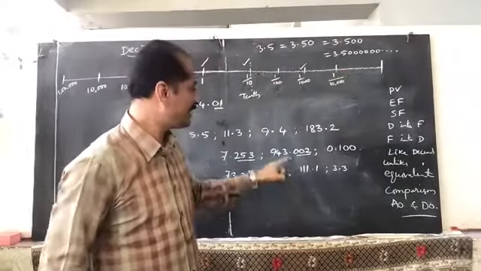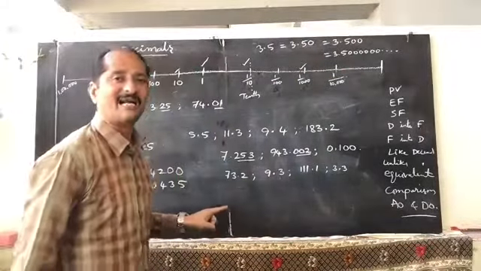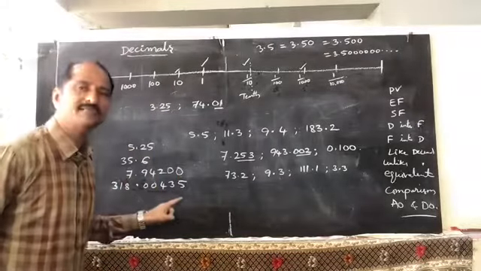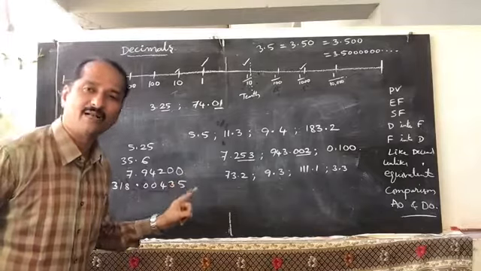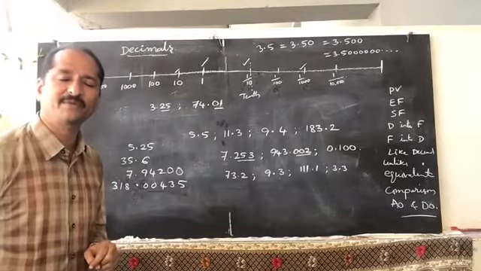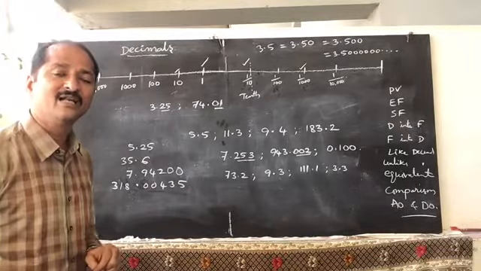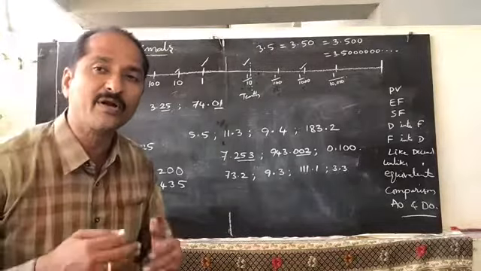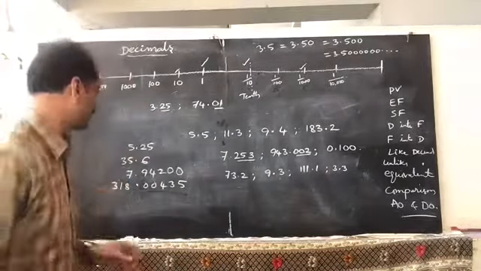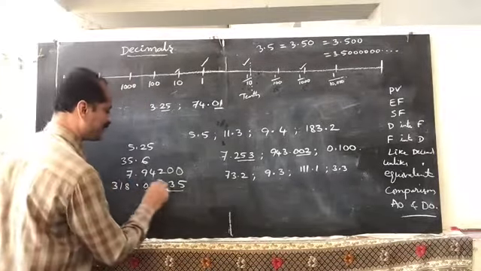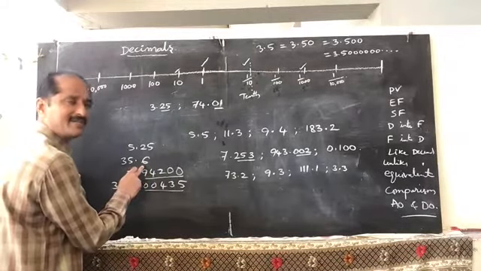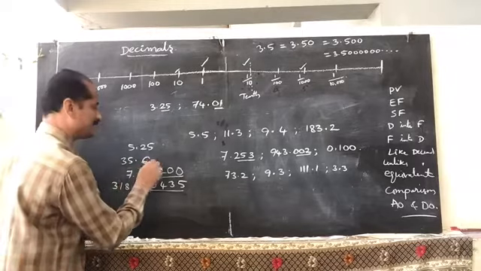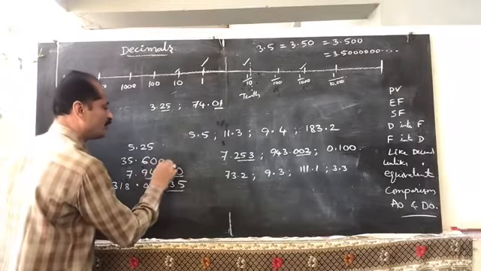So for converting unlike decimals into like decimals, we are placing number of zeros to the right side of the decimal part. To the right side of decimal part, if you are placing zeros, then you will get equal number of digits in decimal part. So here we have 5 digits in decimal part, here also it is 5, but here we have only 1 digit in decimal part. So convert this 1 digit in decimal part into 5 digits by placing 4 zeros.